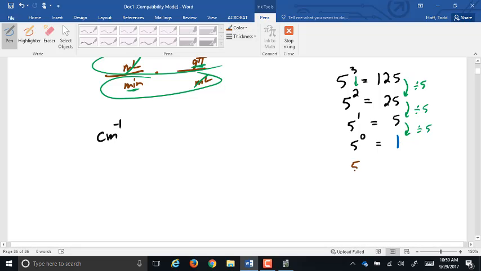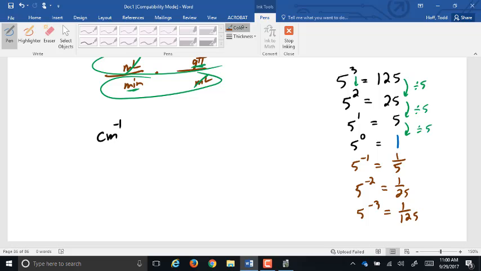If we kept going, 5 to the power of negative 1, well, 1 divided by 5 would be 1/5. 5 to the power of negative 2, that'd be 1/25. 5 to the power of negative 3 is 1 over 125. And what you see as we do this is the negative powers are related to the positive powers.